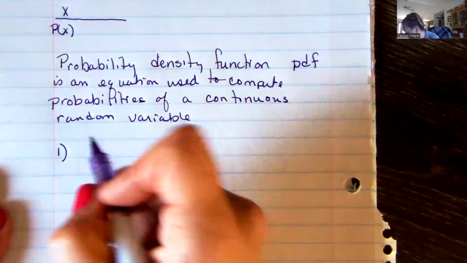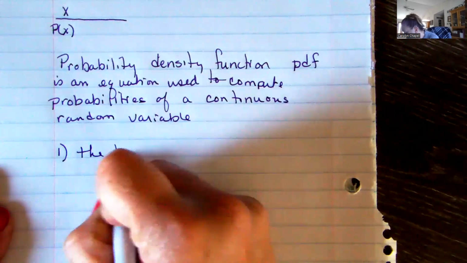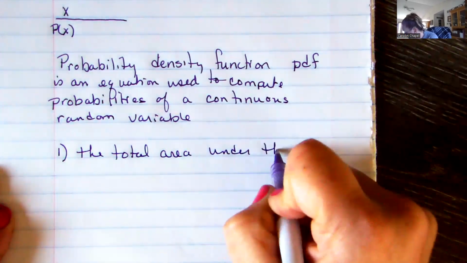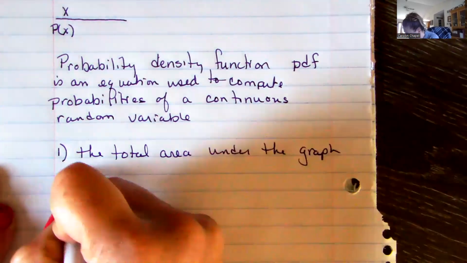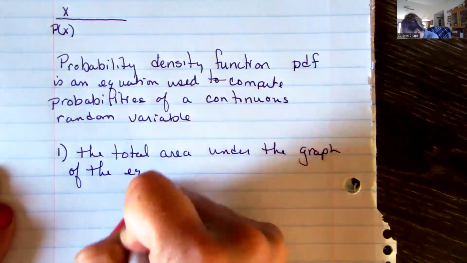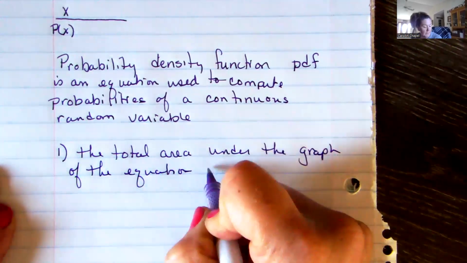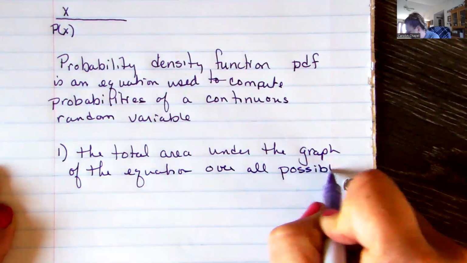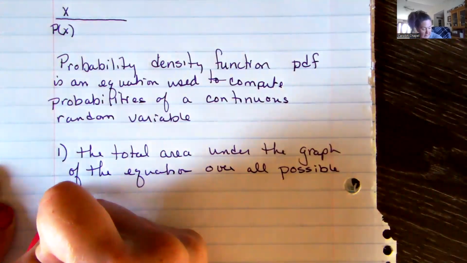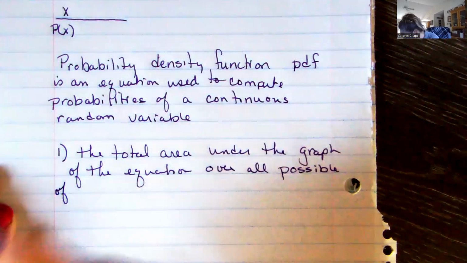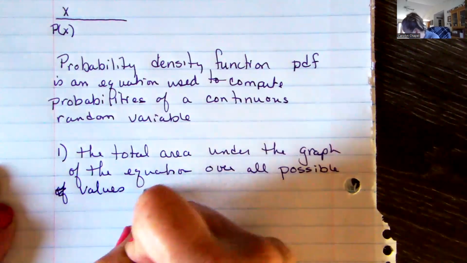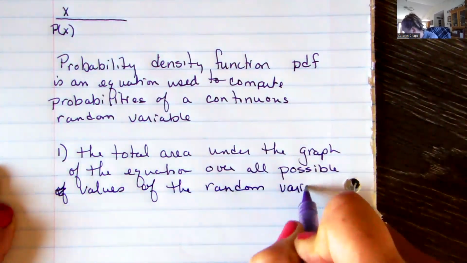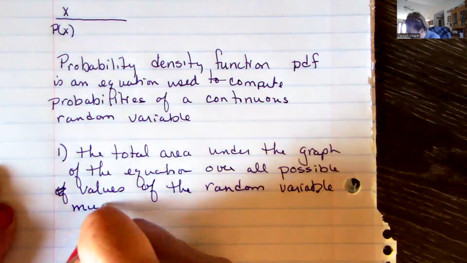First of all, if you were to graph this function, the total area under the graph of the equation, over all possible values of x, whatever that random variable happens to represent, must equal 1.